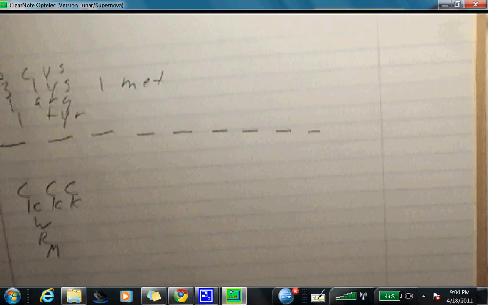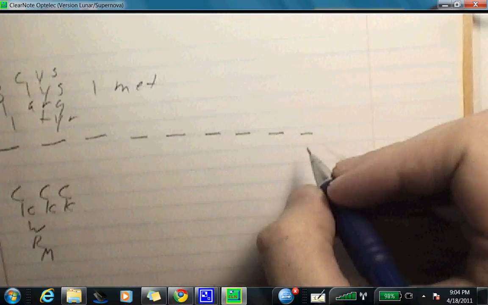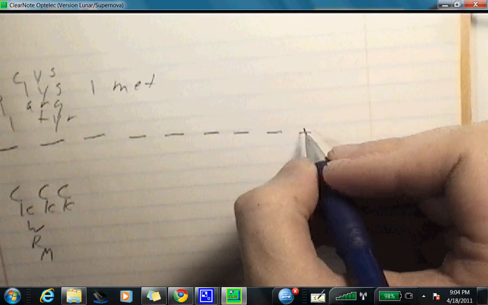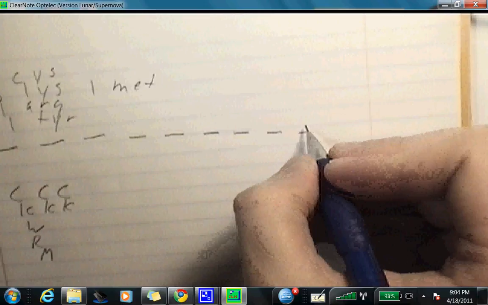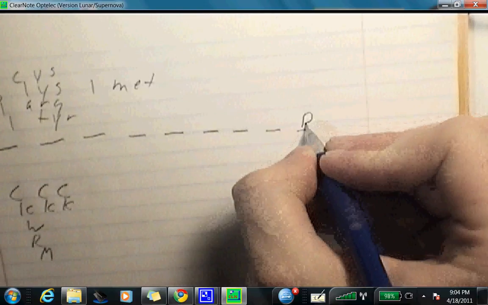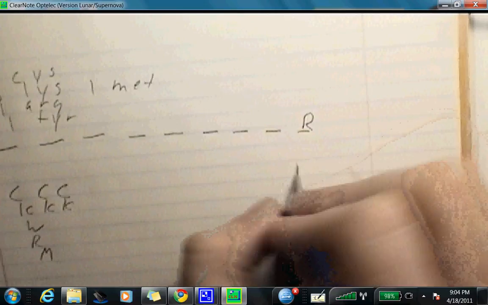The very first clue is very, very critical. It says that this reagent that we have cuts on the C terminus of the arginine residue. So our very last amino acid must be arginine.